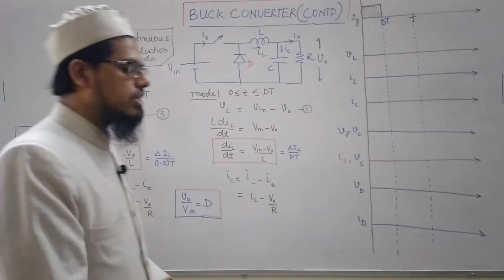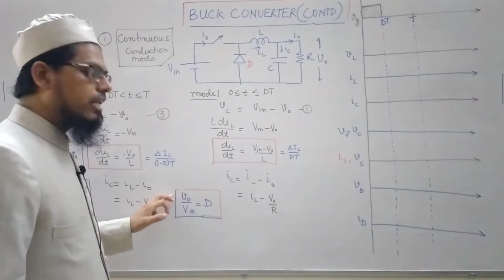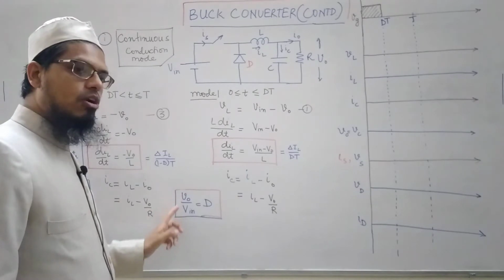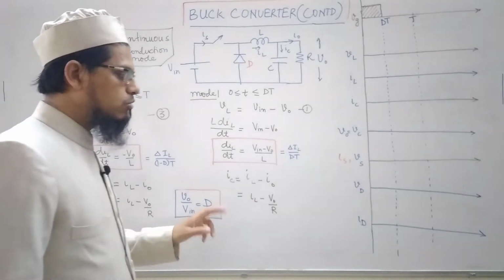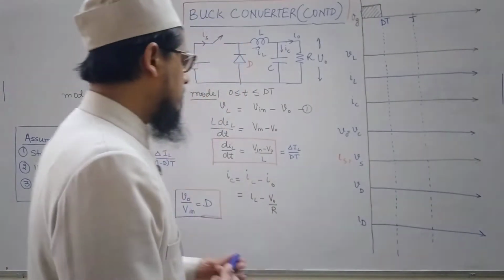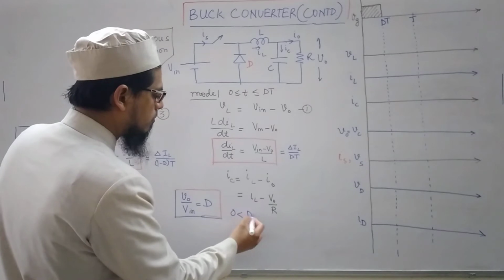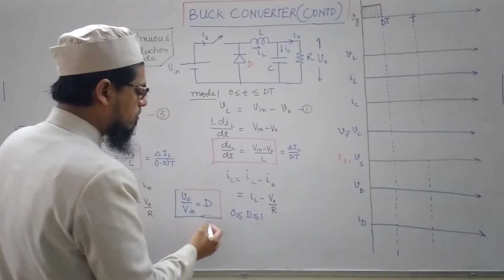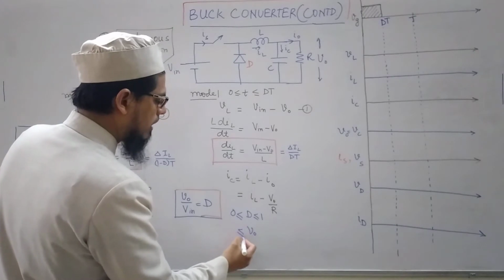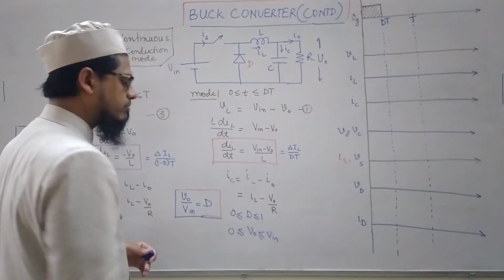From these two relations we also found the relation between the input and the output voltage, and the gain, which is given by V naught by V in, equal to the duty ratio D. Since the value of D varies from 0 to 1, the output voltage V O will vary from 0 to V in.